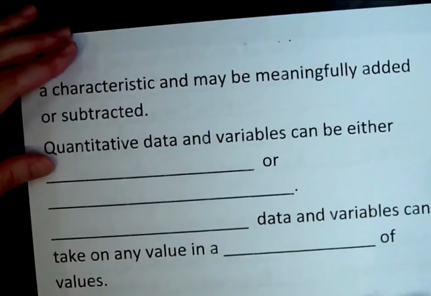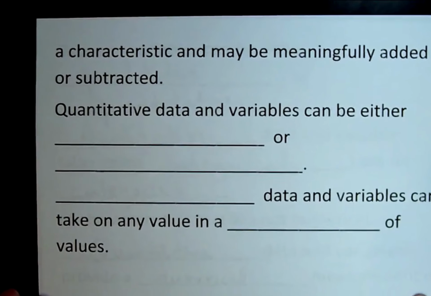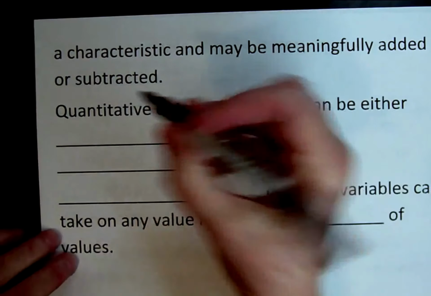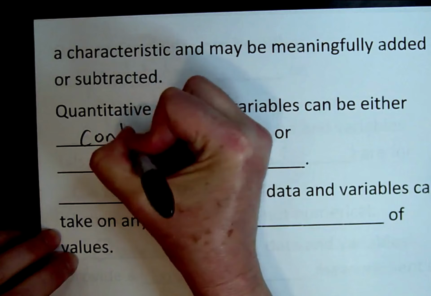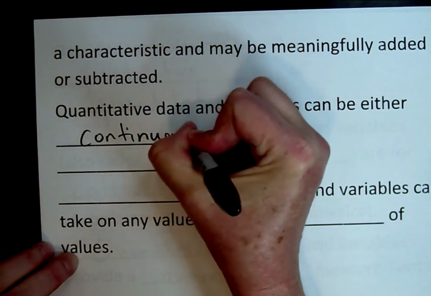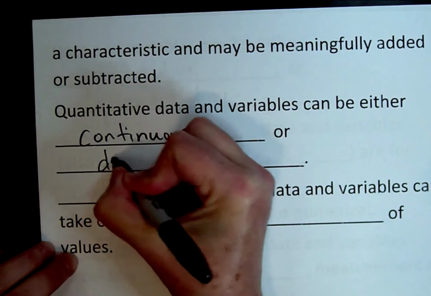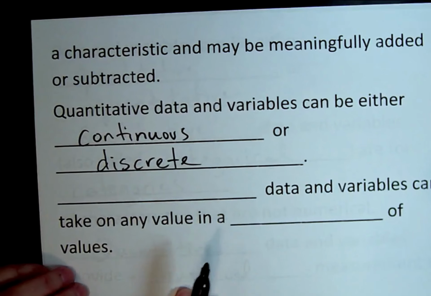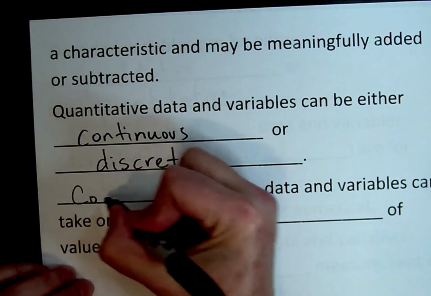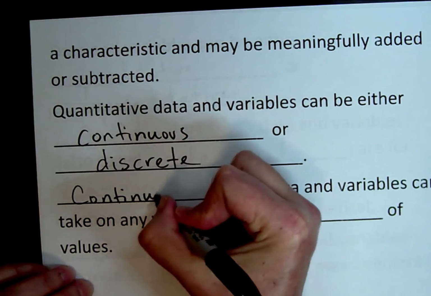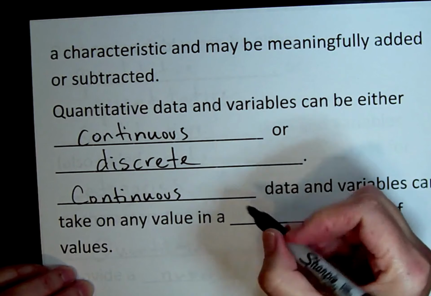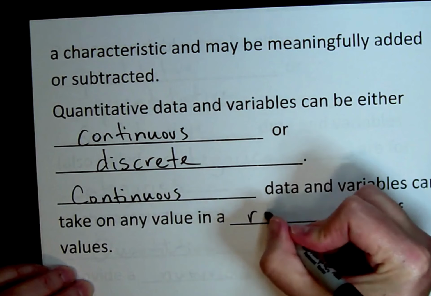Okay, now delving a little deeper into quantitative data and variables, they can be either continuous or discrete. So what do those words mean? Continuous data or variables can take on any value in a range or interval of values.